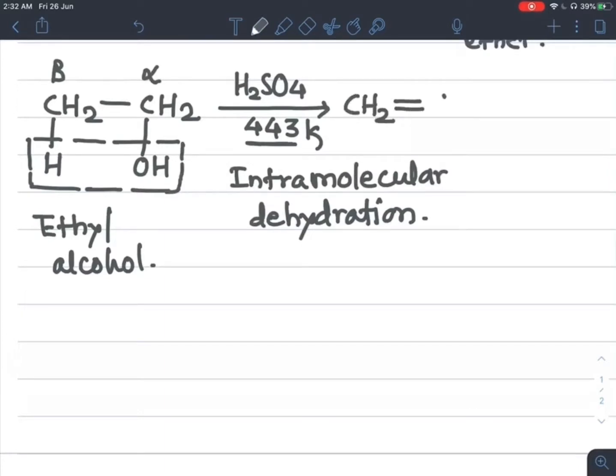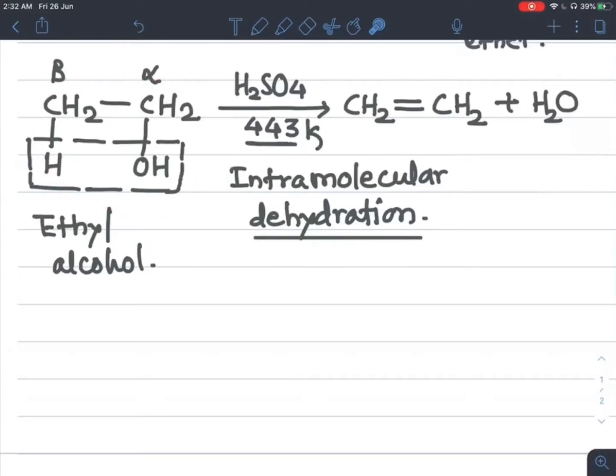So CH2=CH2 plus H2O as a byproduct. Removal of water means a dehydration reaction. Removal of water takes place in only one molecule of ethyl alcohol, and that's why it is intra. Intra means in one molecule.